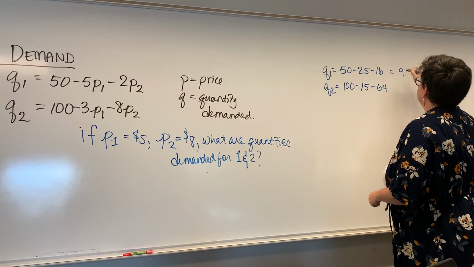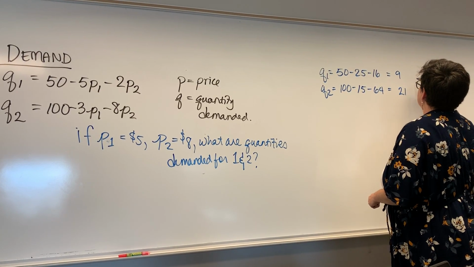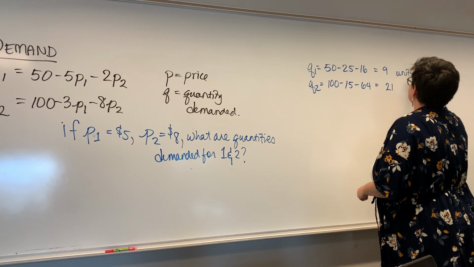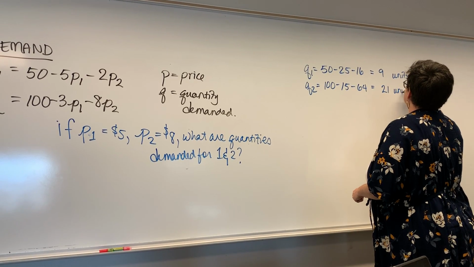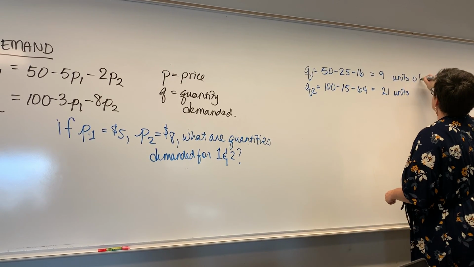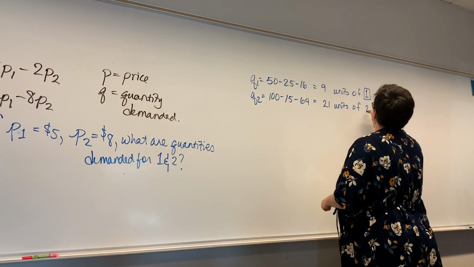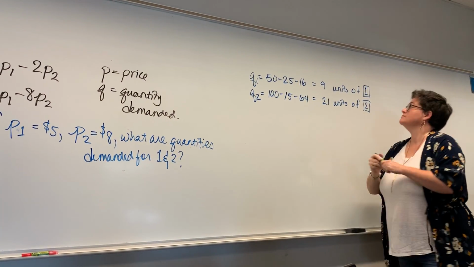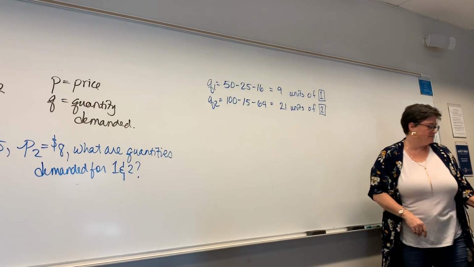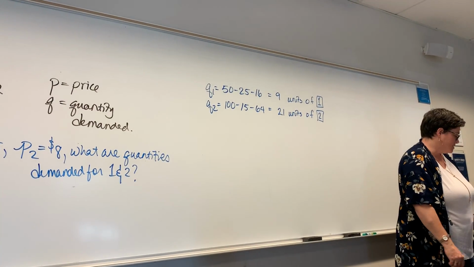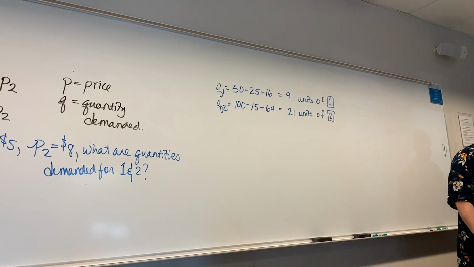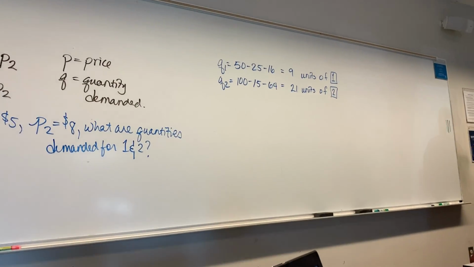So this equals 9, and this equals 21. Okay. So I just plugged these numbers in, got the quantities demanded. That wasn't so bad, was it?